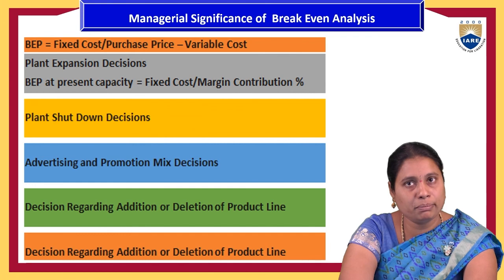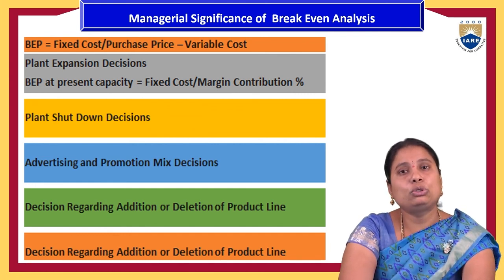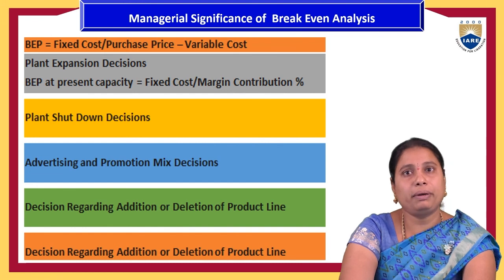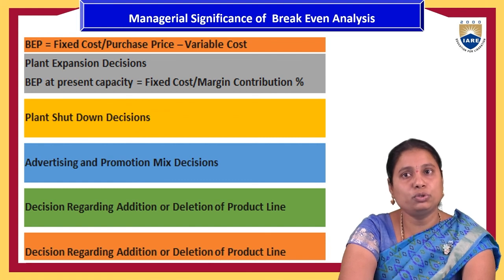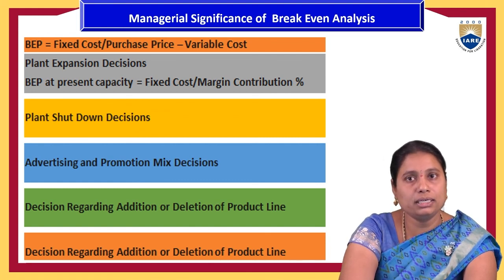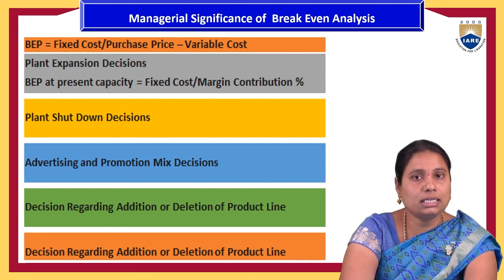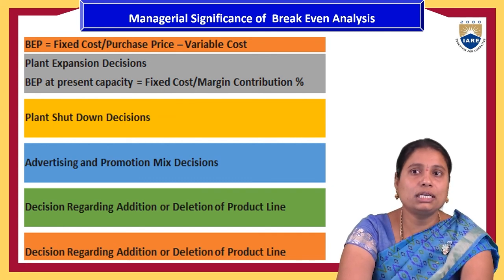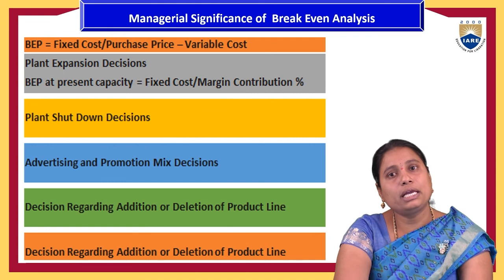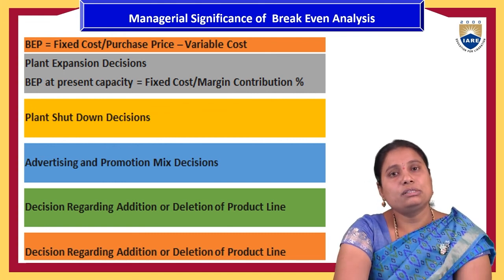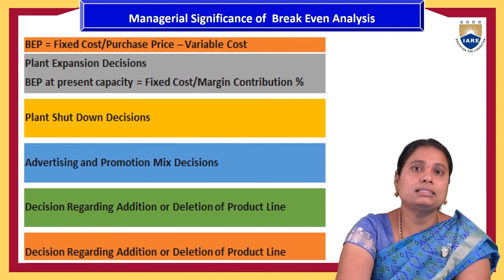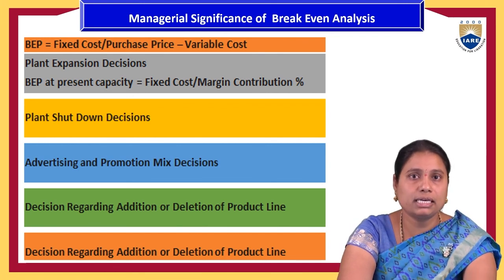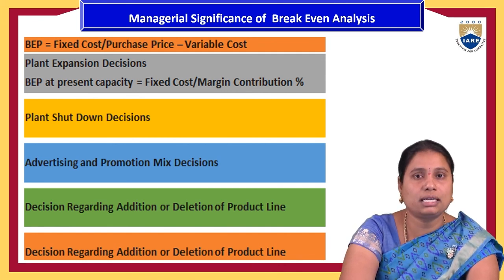It also helps in deciding whether to continue or shut down a plant, whether to increase the level of production or the promotional mix or product mix, and in decisions regarding the addition or deletion of product lines or additional products. This is the significance of break-even analysis, what it is, and its importance for the producer based on cost analysis.